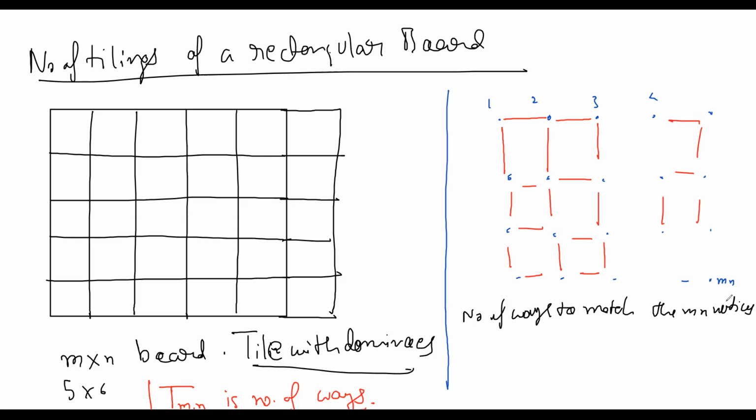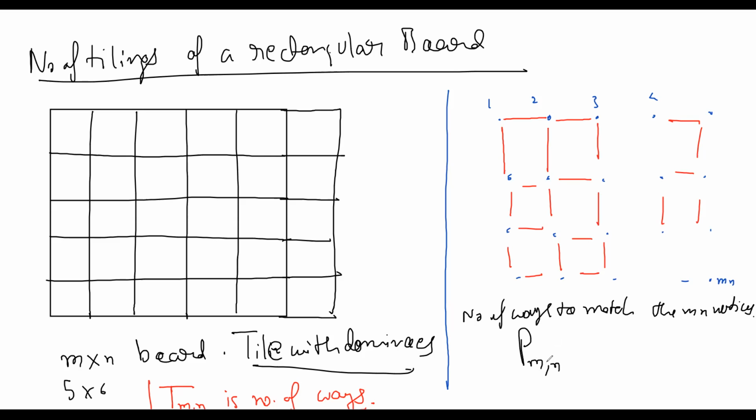I mean pair up the mn vertices such that you can pair up two vertices only if there is an edge between them. Otherwise, you cannot pair them up. So that's a matching. We want to create a matching. Let's say that the number of ways to match the mn vertices is P(m,n).